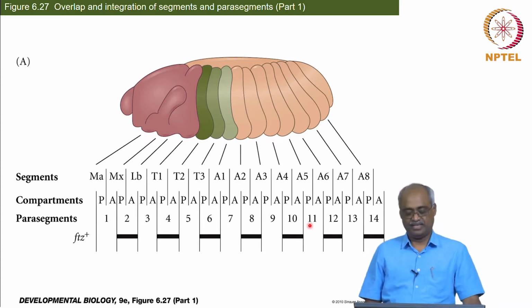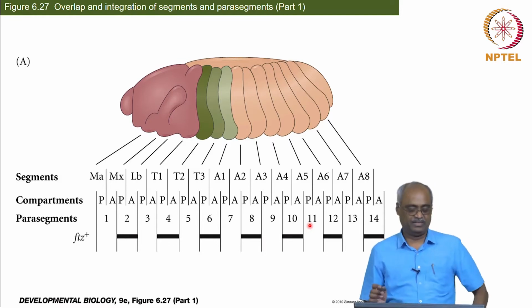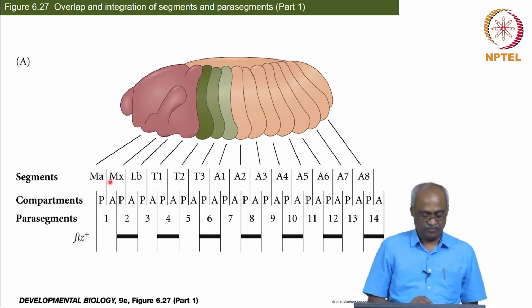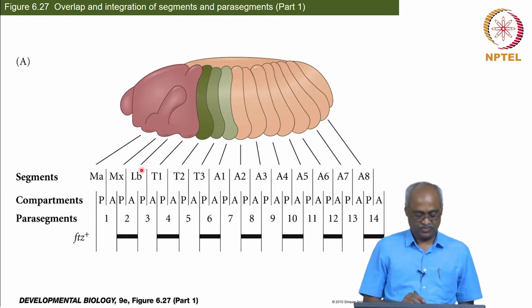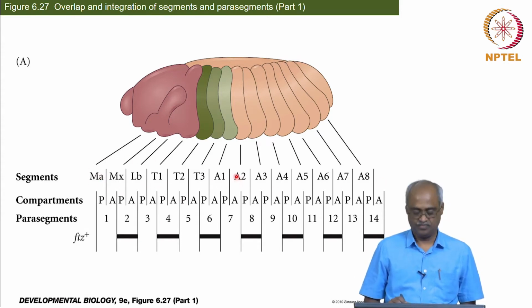And why parasegments will become clear when we go to the next slide. First, let us learn what is a parasegment. Essentially, if you look at it, these are the segments. These three are the head segments, thoracic segments, abdominal segments. Okay. So, those are our visible body parts.